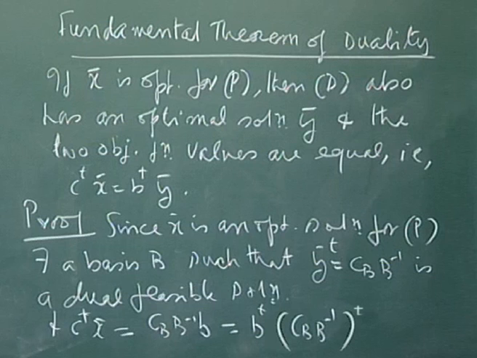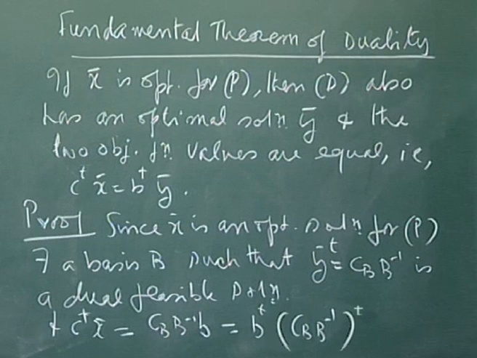You can write the transpose, the same thing, because it is a single number. So, therefore, the two objective function values are equal. Therefore, I have shown you that D also has an optimal solution, and the two objective function values are equal. So, the proof is simple, because the way I constructed the dual, there is nothing much to do, but the implications are many, and we will show you.